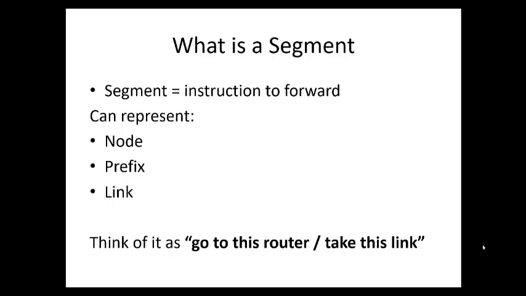So a segment is nothing but the instruction to forward. And that instruction may be pointing towards the gateway, the router, the node, or the prefix, the subnet itself, the link.